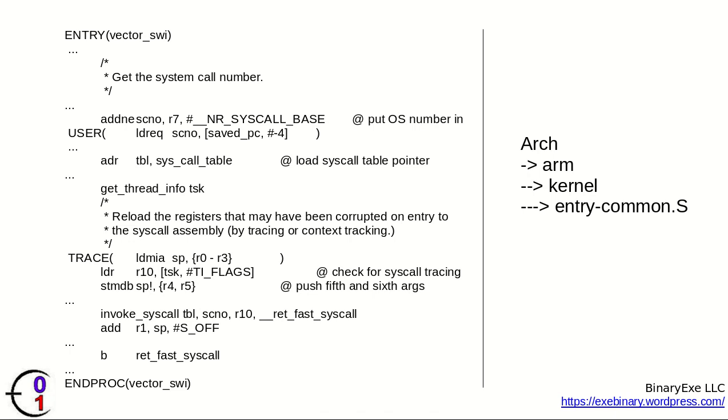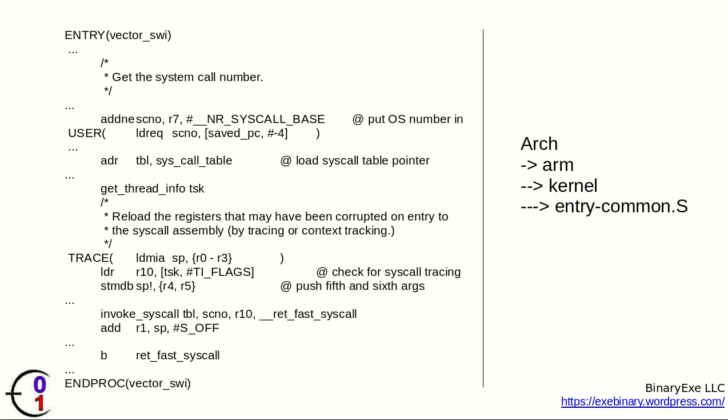It gets the system call number, which is in R7, and then using R7 it tries to get the actual address of the function in the system call table.